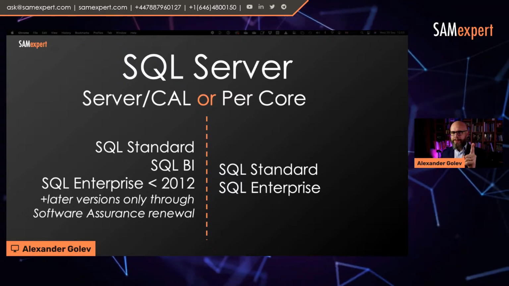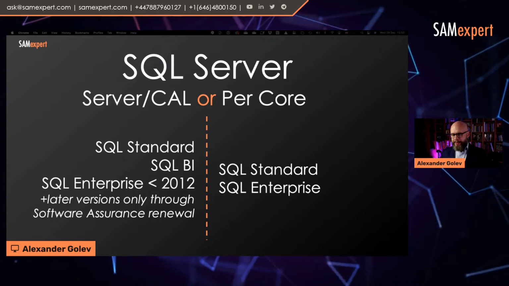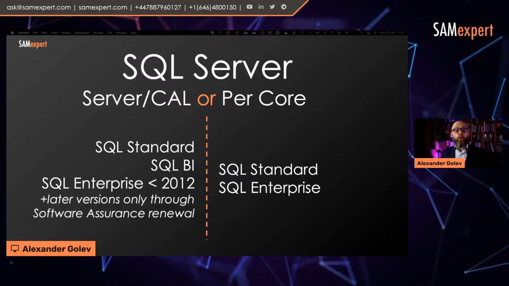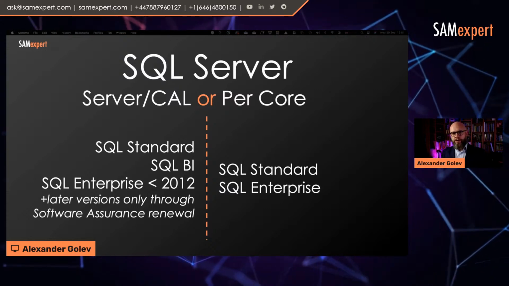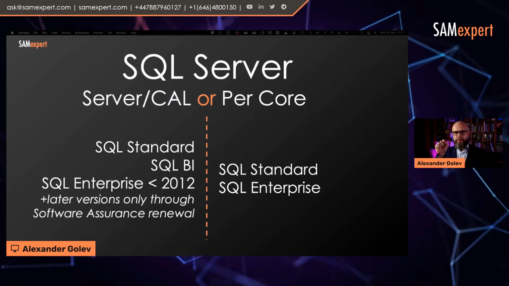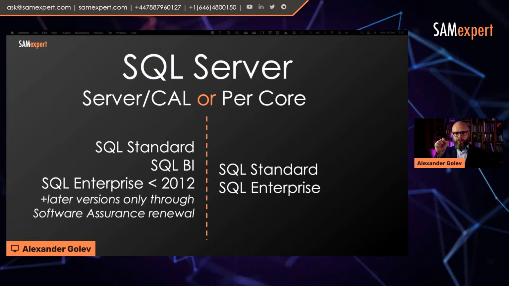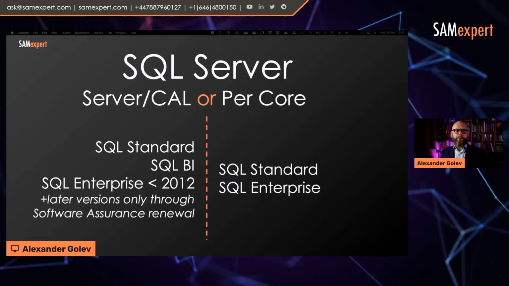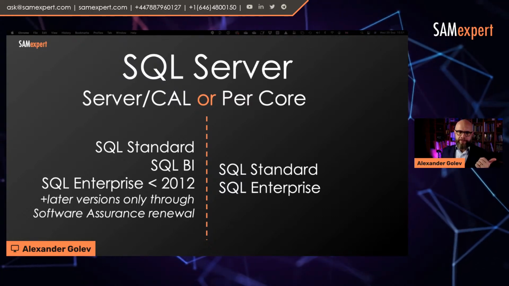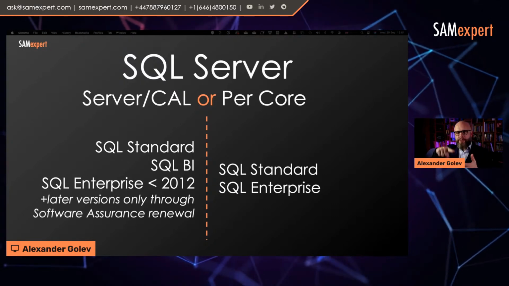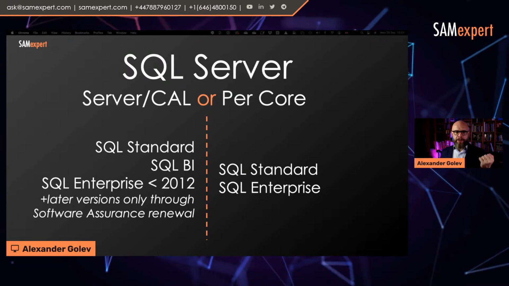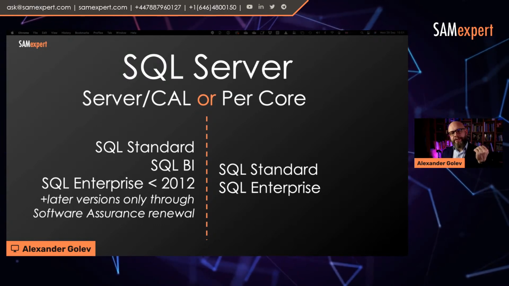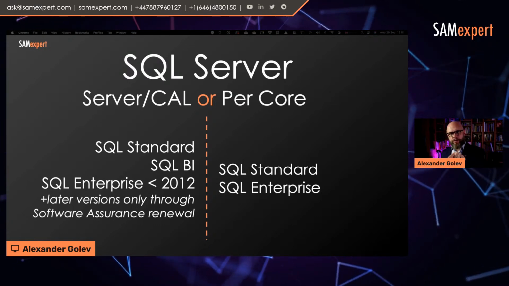But please pay attention to that. Many organizations I deal with, almost all of them, continue renewing software assurance on SQL Enterprise licenses in the server CAL model that they bought in 2005. They continued to renew software assurance. Thus, they now have rights to run SQL Server Enterprise 2019 under this model.